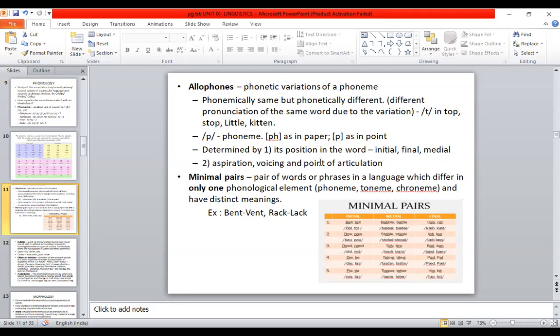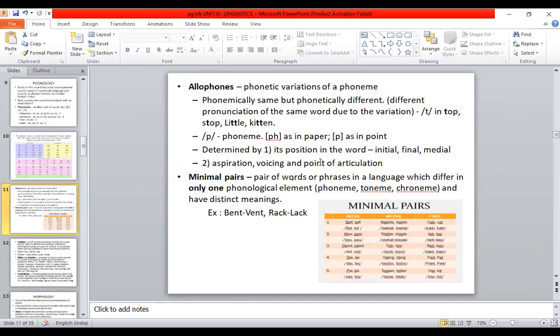T is a phoneme, whereas t in top is a different sound. T in stop is a different sound. T in kettle is a different sound. T in little, t in turmeric, t in pat, where it's ending, and t in torture are all different sounds, right?